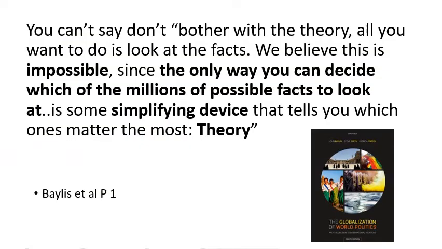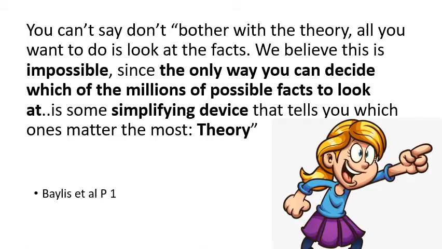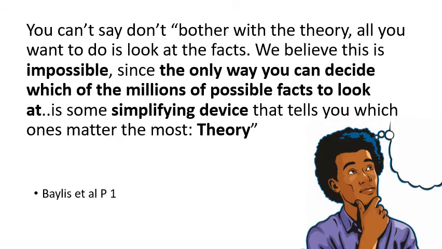As our textbook argues, theories are, among other things, heuristic devices pointing us towards which aspects of the real world, which phenomena we should pay the most attention to as we try to understand international politics.